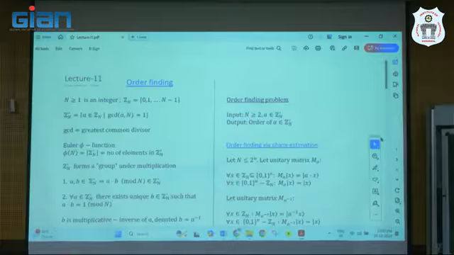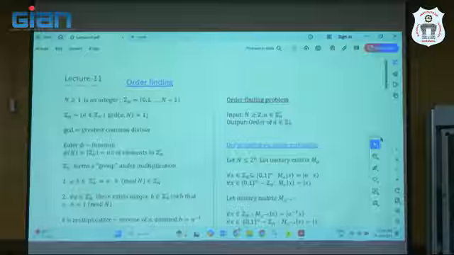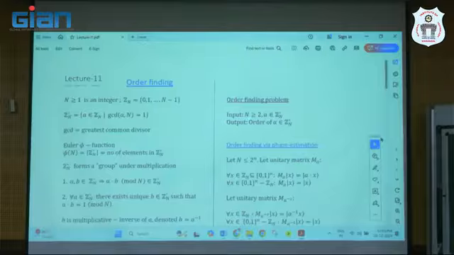Agreed? The order finding problem is: you are given A and n, find the order of A.